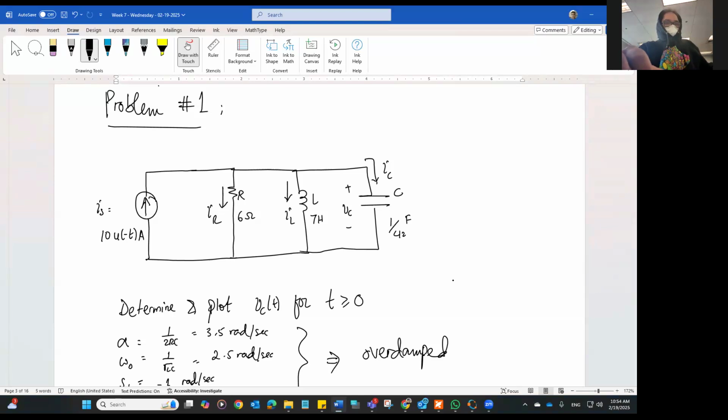IS minus IR. IS is not there. We are evaluating when time is greater than 0, so IS is not there.